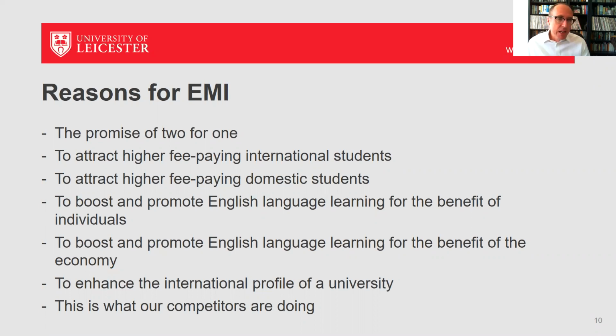At a university level, to enhance the international profile of the university. This can be about prestige, which is a much harder thing to measure and identify, but there is a belief that international programs and internationalization bring a prestige to the university. And certainly you're able to attract a more international faculty to your university, and then international students thereafter.